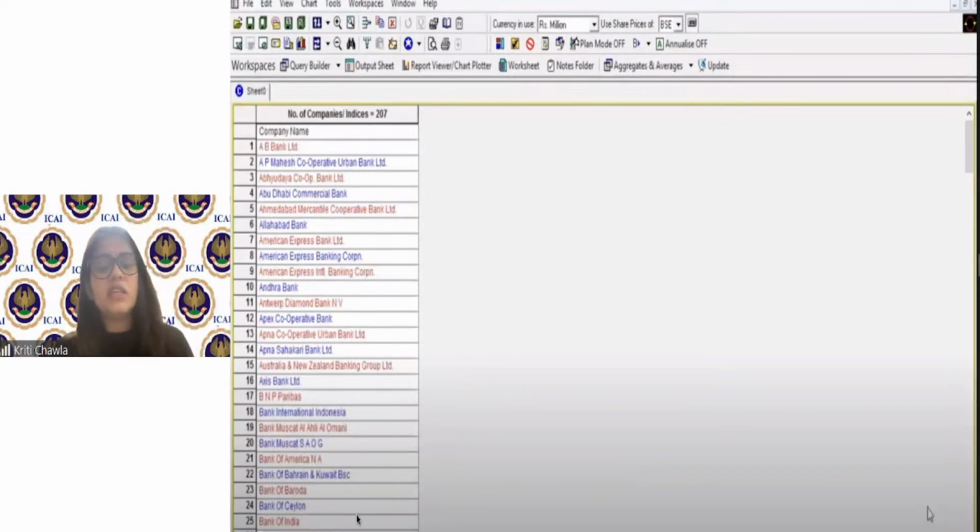Then it will give me a list of all the companies in India which are under banking business. It has given me about 207 companies. I'll make a list of all these 207 companies. You can also export this list. There's an option here to export it into an Excel sheet and make all those calculations.